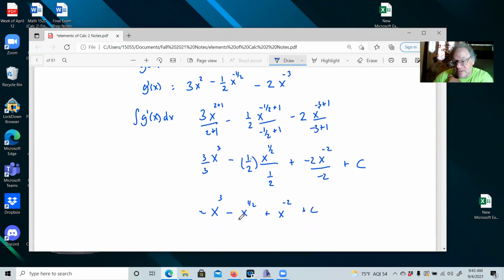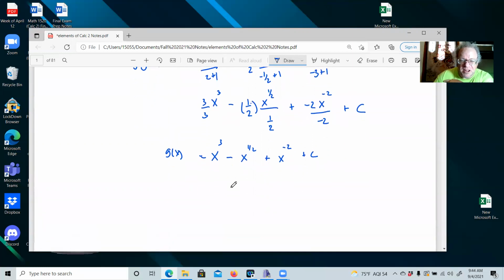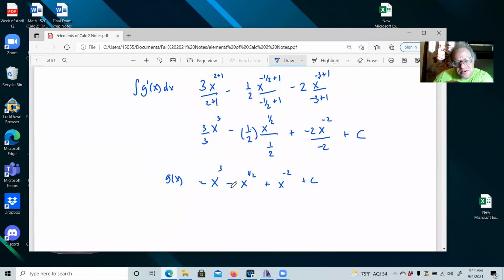I didn't have it as a term, but that's fine. This goes back to g of x. So that's how the derivative and integral go together. Operations, kind of like squares and square roots, or logarithms and exponents. So that's the relationship between those.